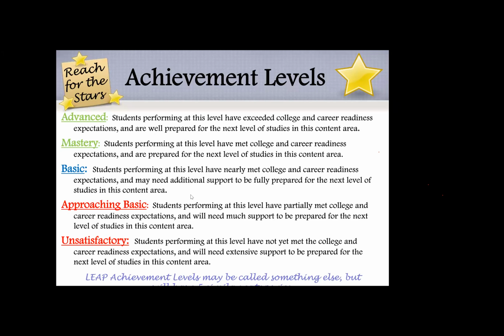But our students have really progressed, and they've really worked hard this year to close that gap. And I really do think that we're going to see some excellent results, and our students are much further along than we would have ever hoped for at the beginning of the year. And I really do think that our students are going to perform well on this, and we're going to see a lot of those basic and above.